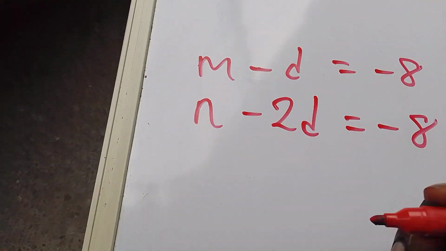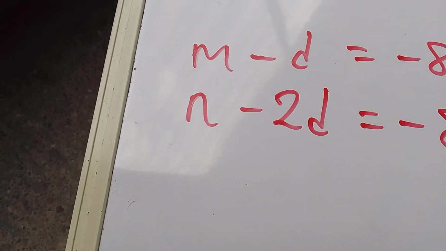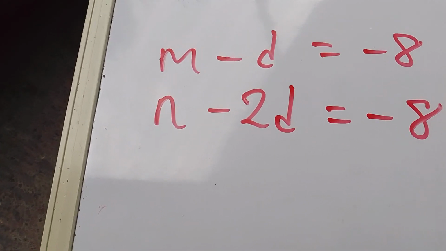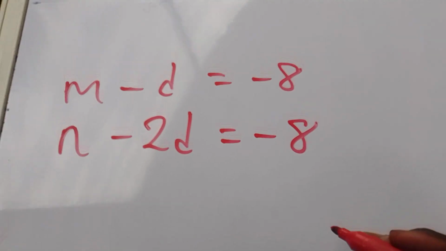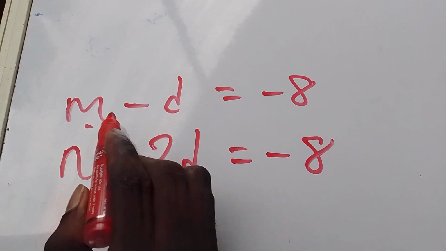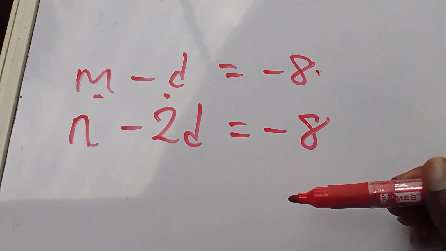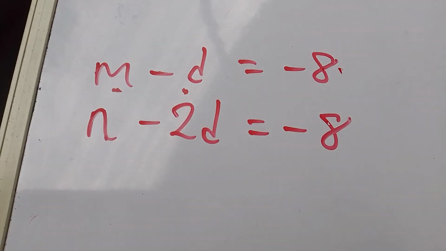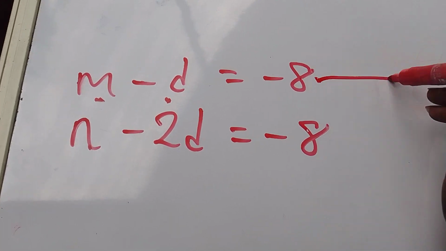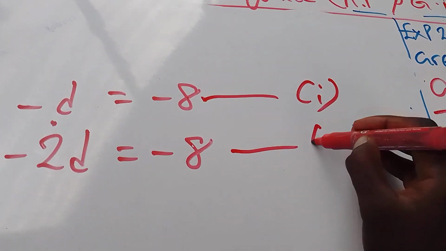How do I find my m and how do I find my D? With all these, we see that we have three unknown values, m, D, and n, but we have just two equations. That means these two equations cannot solve these three unknown values. But there is a way I can get my D. Remember, this is my equation 1, and this is my equation 2.